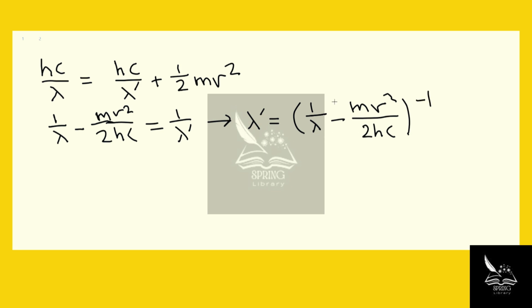We can plug in numbers, using the constants and everything else, to get our lambda prime. I get a lambda prime of about 1.42 times 10 to the negative 10 meters.